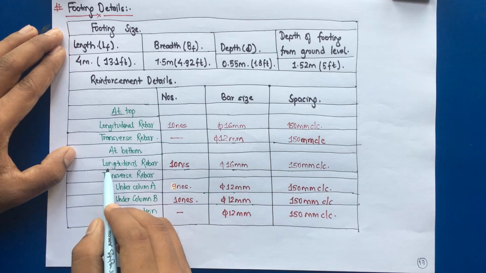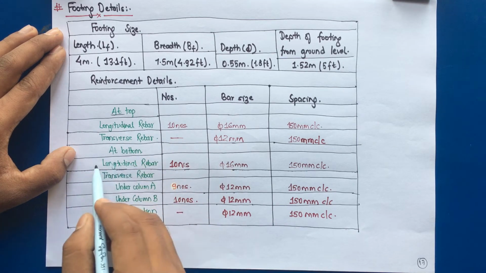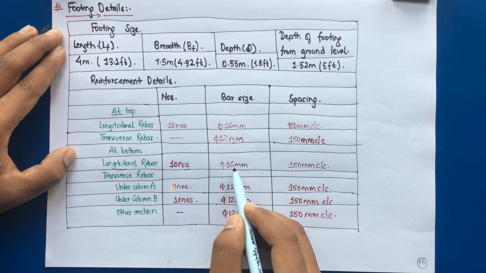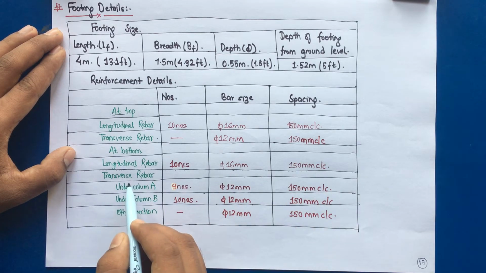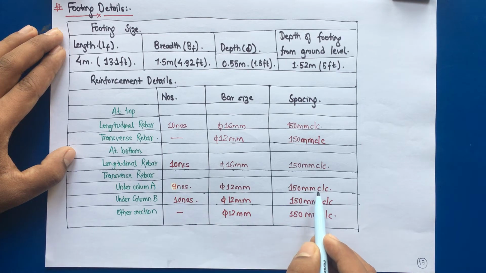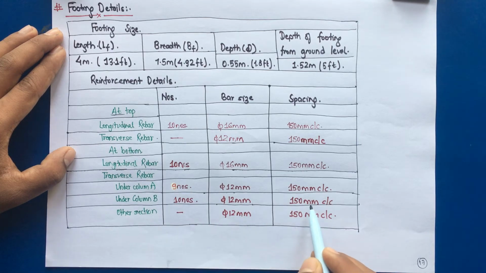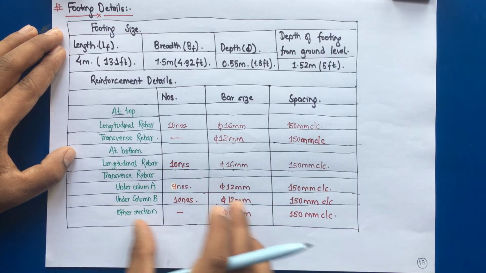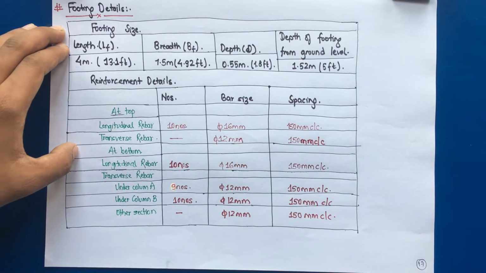Similarly, at bottom we have longitudinal rebar as 10 nos, same as top, 16 mm at 150 mm center to center spacing. Transverse rebar under column A, 9 numbers of 12 mm at 150 mm center to center spacing. Under column B, 10 numbers of 12 mm at 150 mm center to center spacing, and where there was no main reinforcement, we provided 12 mm at 150 mm center to center spacing. Now let us see in the figure.